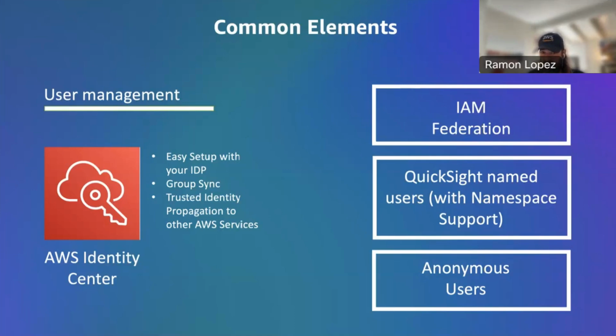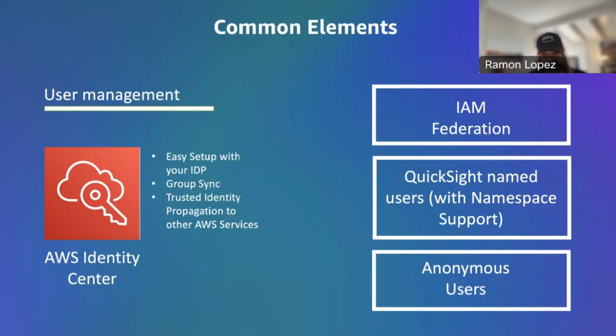This entails defining your role level security at the source in Redshift, and having the same identity that you're defining the rules for in Redshift be the same person that's logging into QuickSight, and being able to apply those rules that you define in Redshift at the QuickSight user or group level without having to do anything in between.